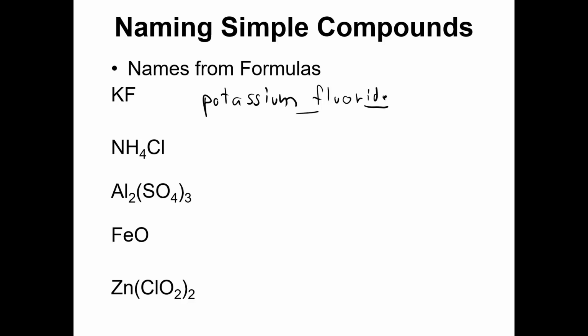And you have to remember that everything we're naming right now is ionic. So we have a metal and a nonmetal, or a polyatomic ion. Here's a metal and a nonmetal making an ionic compound. Here is a polyatomic ion and a nonmetal making an ionic compound. And here is a metal and a polyatomic ion making an ionic compound.